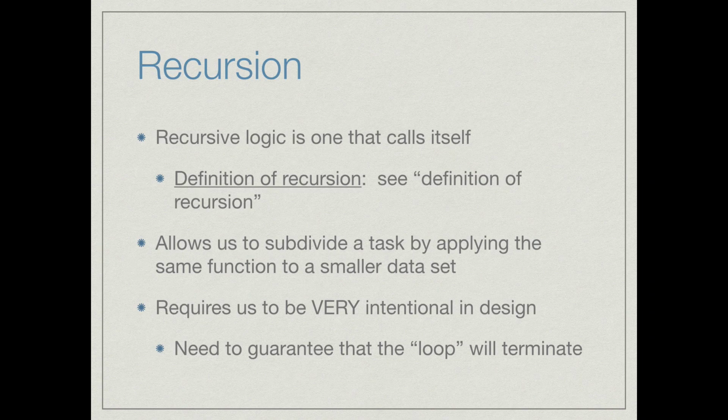But you can see this would very easily get muddled and confusing and wrong, so we need to be incredibly intentional in how we lay out the logic. We need to make sure that at some point the recursive loop is going to stop and give us a result. So, it can be a very powerful tool, but you need to be very intentional about how you use it.